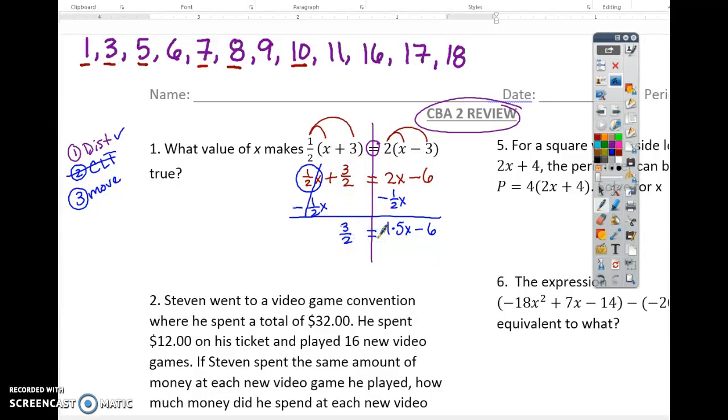Equal. Okay, and then the last step is see do. So what do you see happening with the x? It is being multiplied by 1.5 and they subtract 6. So the first thing you need to do is to add 6 to both sides.